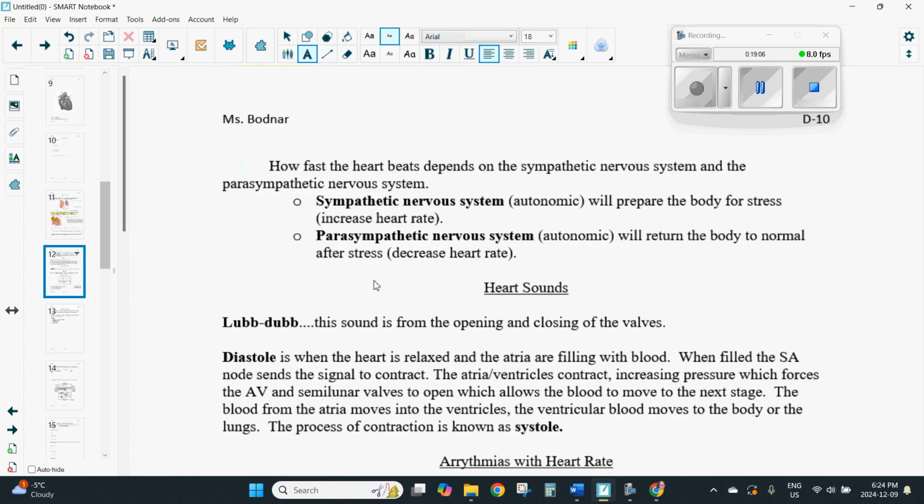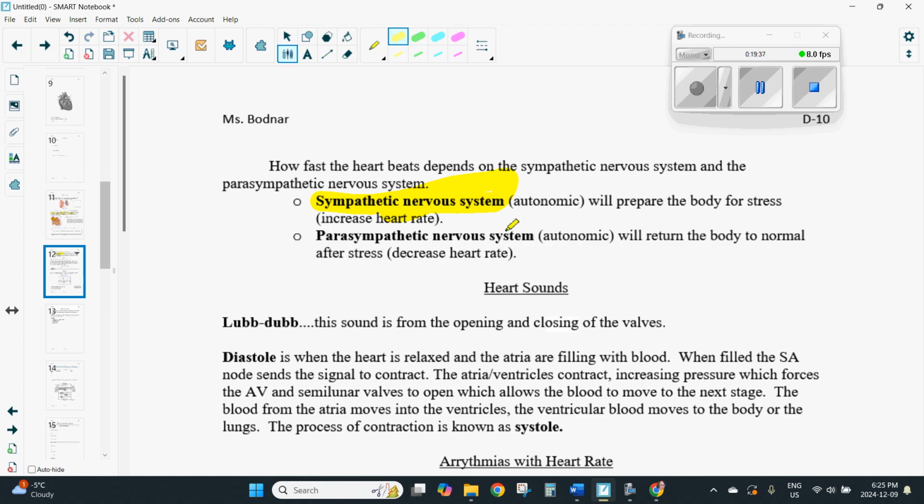So, how fast the heart beats is dependent on the sympathetic nervous system and the parasympathetic nervous system. You may have heard of these two terms before, and I kind of introduced it when we talked about the fight or flight response. Again, you will go into more detail about the nervous system in Bio 30, but the sympathetic nervous system is referred to as an autonomic response.